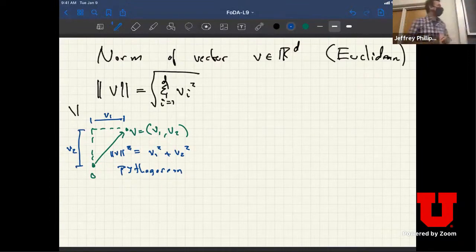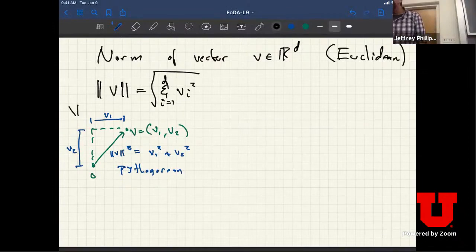I don't want you to lose an eye. And then to measure the length, I just sum up the v1 length squared, the v2 length squared, and then that third length, which is coming out of the screen, squared. And that's the length of the vector. It works the same way, and you can add more and more dimensions onto here.